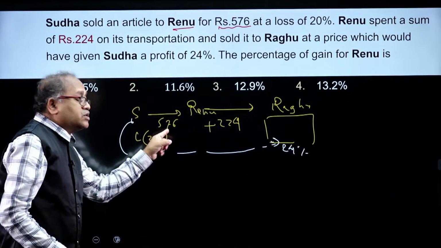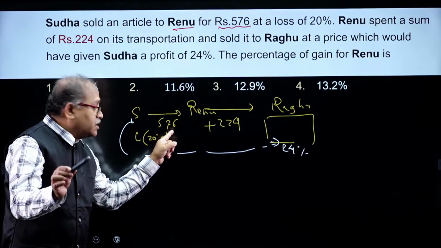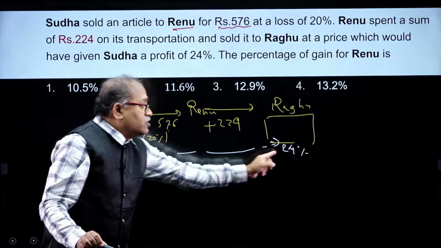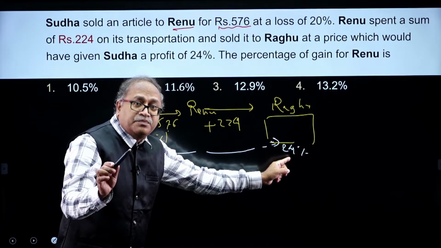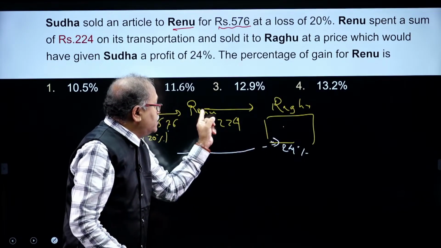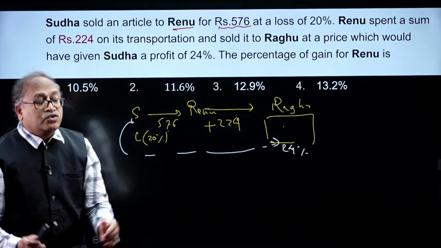So, I know Sudha sold for 576 with a loss of 20%. I can get the cost price, I can also get the selling price with 24% profit, and that is the price at which Renu sold to Raghu.